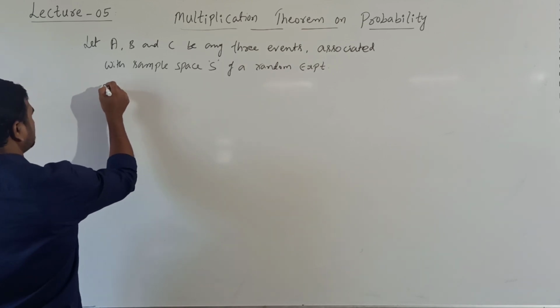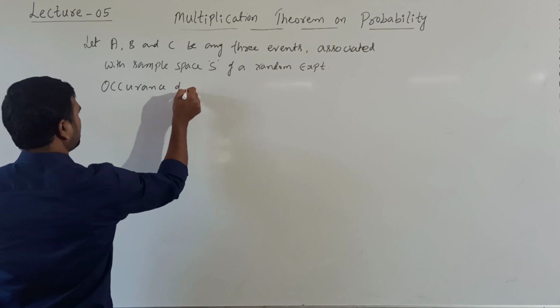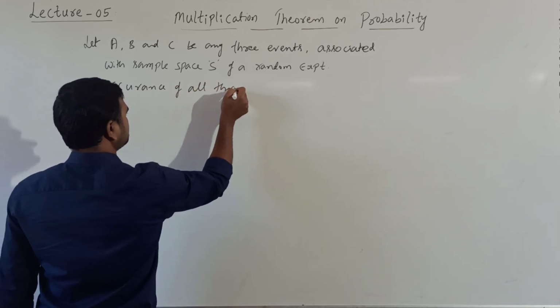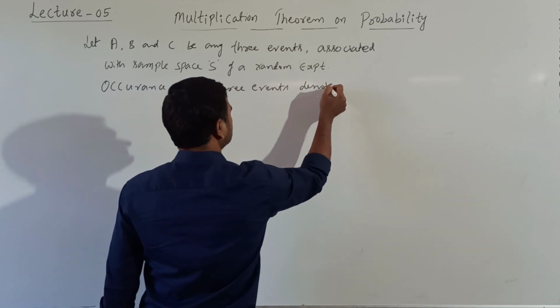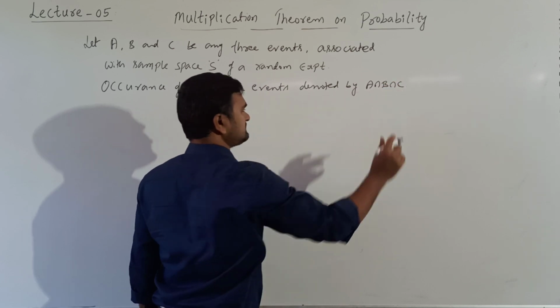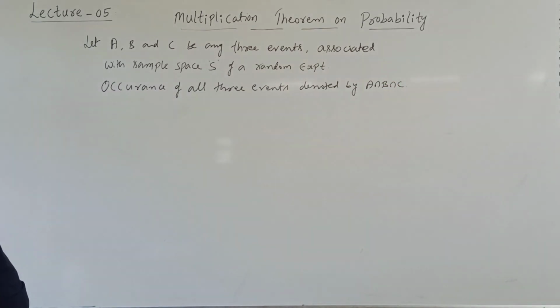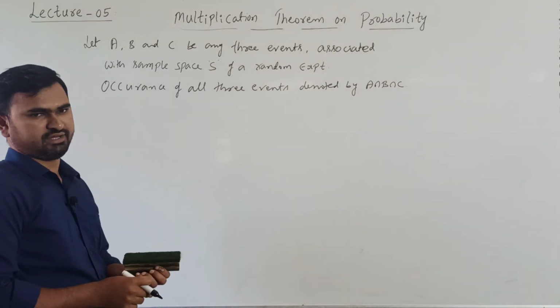So the occurrence of all three events is denoted by A intersection B intersection C. All the three events A, B and C are occurring.